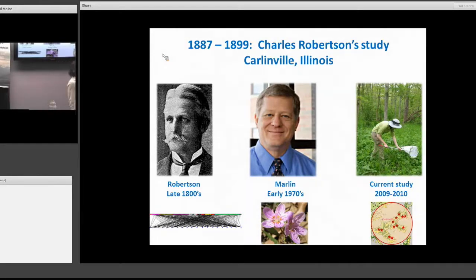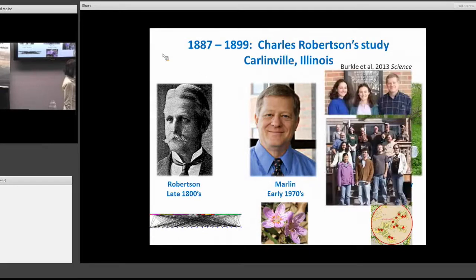And in addition, we visited any of the remaining forest out there. We had a lot of help in the field and in the lab. In particular, my collaborators on this work are Tiffany Knight and John Marlin. So thanks to them as I talk about this work here.